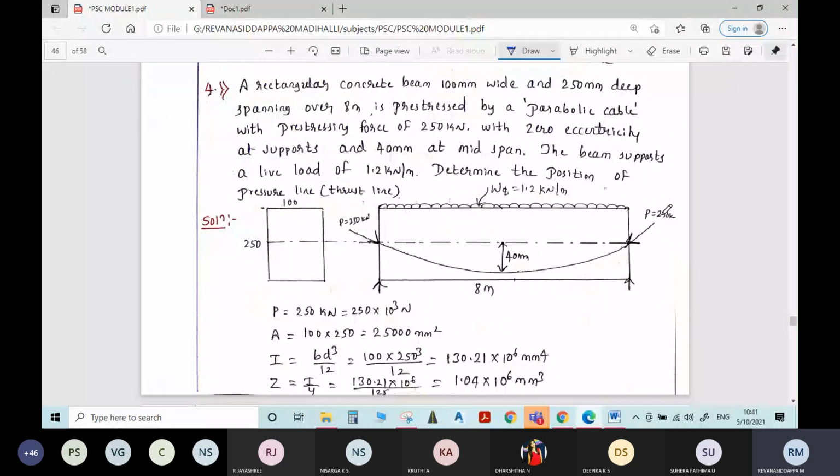Don't follow the previous procedure for this problem. The procedure is different.